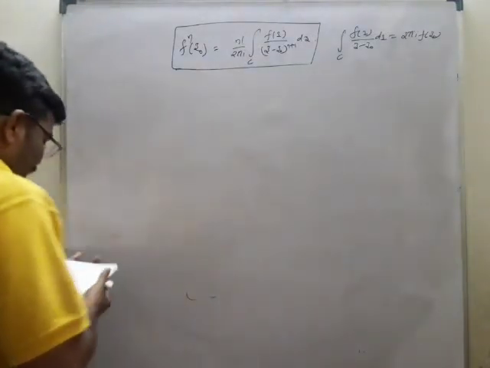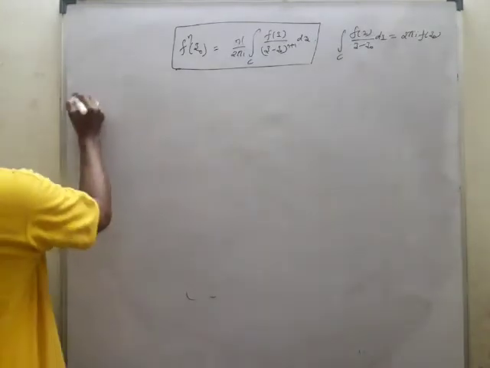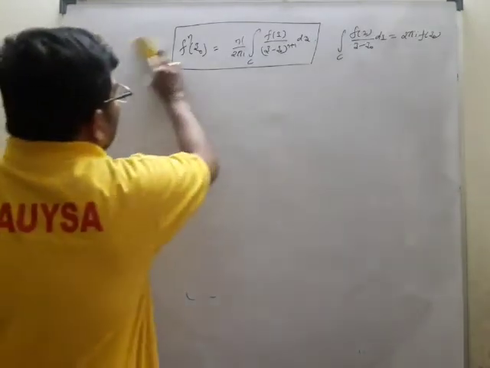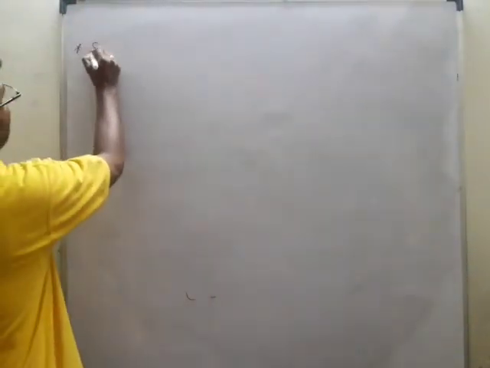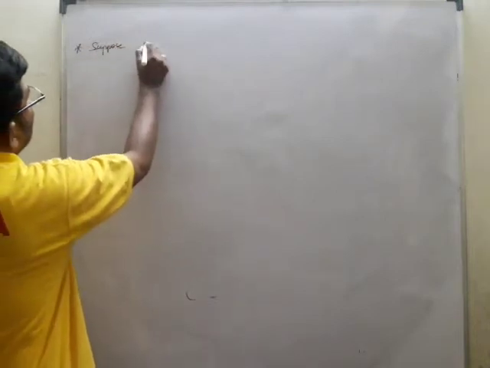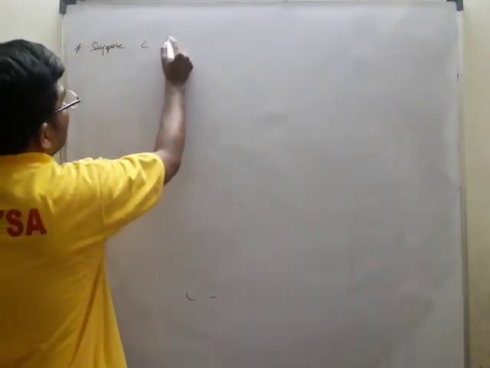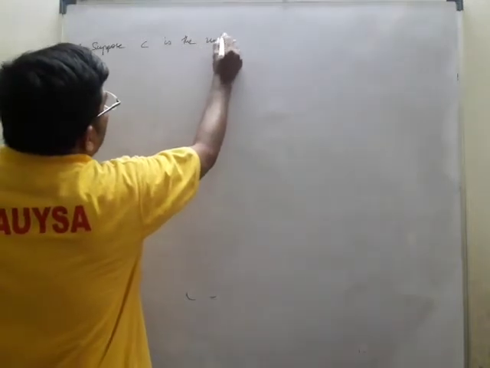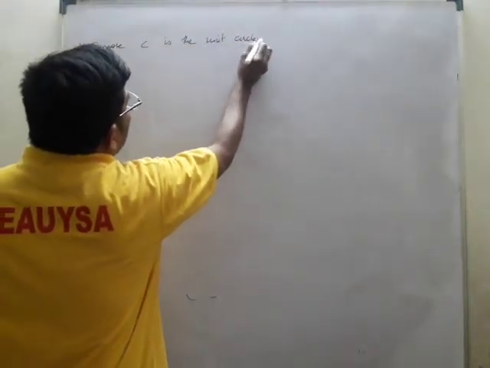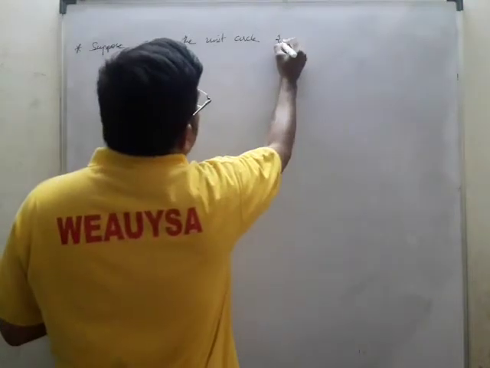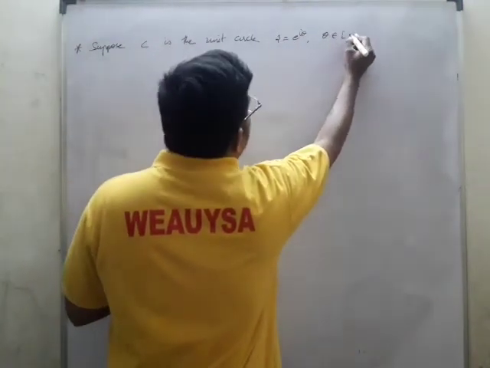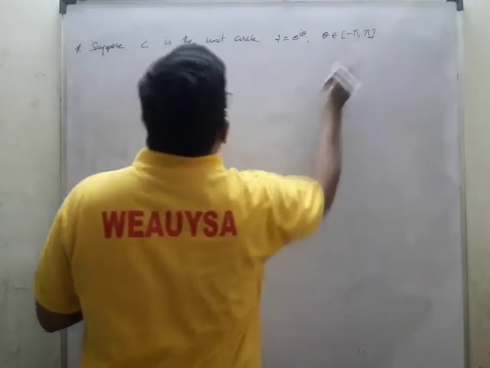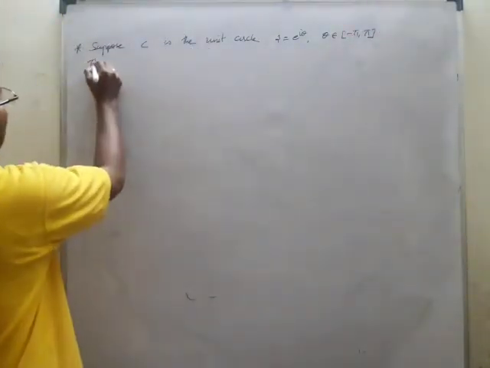Now we will try to prove another important problem, which can be given for 4 marks as well as 8 marks sometimes. Suppose C is the unit circle z is equal to e power i theta, where theta belongs to minus pi to pi.